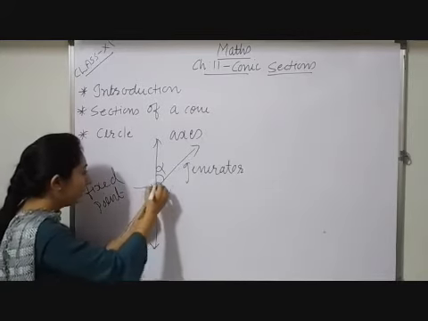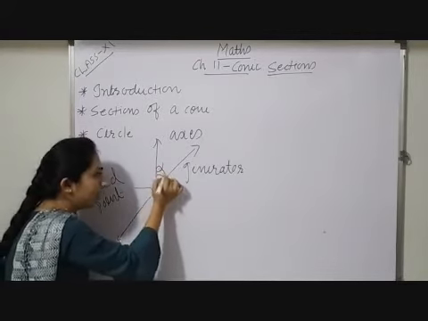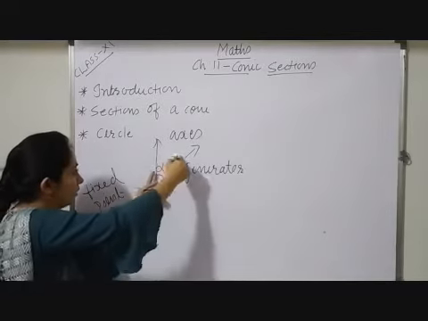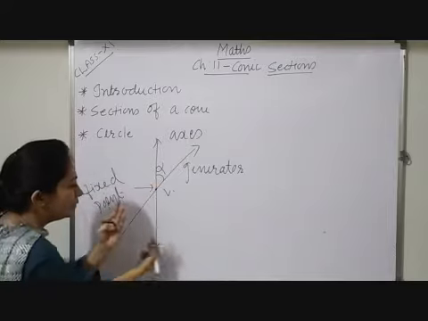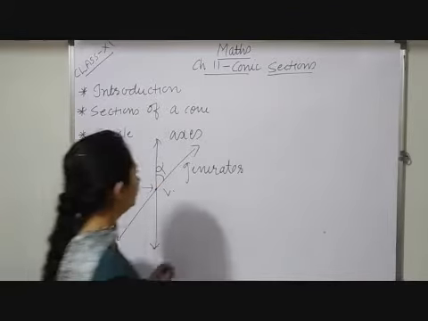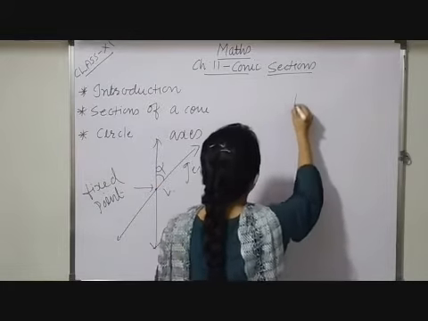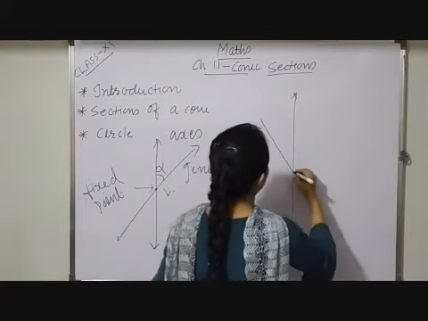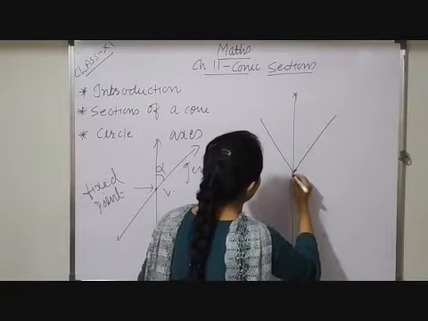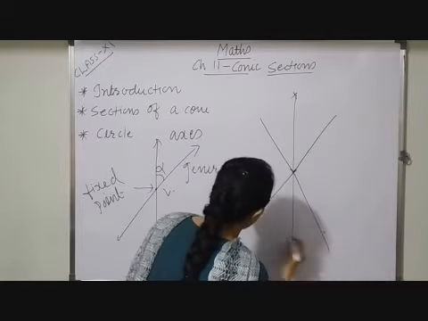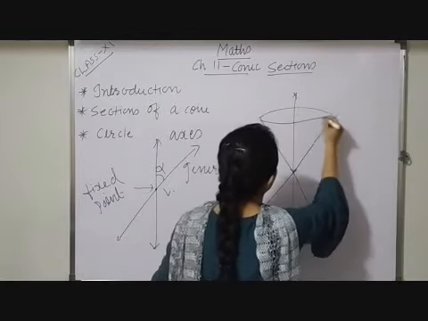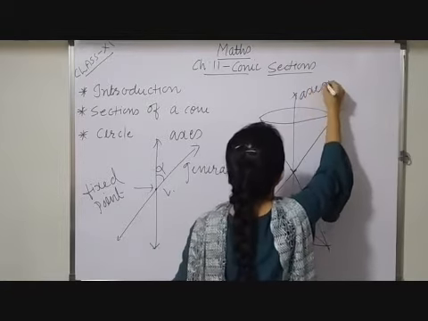Now here, keeping this angle constant, while I rotate this line, you may observe that a cone forms in an upper part and a lower part. You will get a diagram like this. This is my fixed line, the axis.